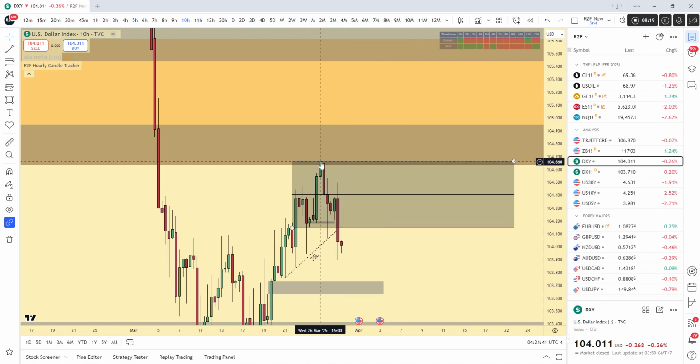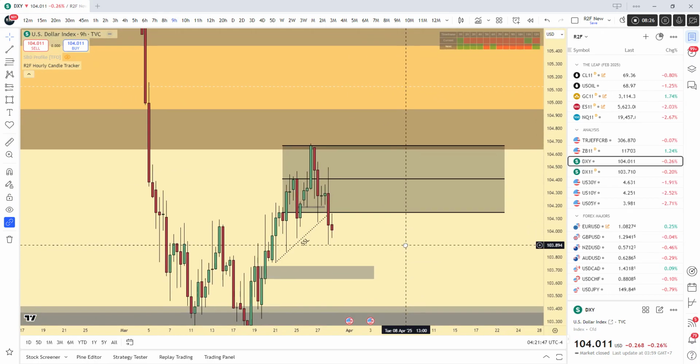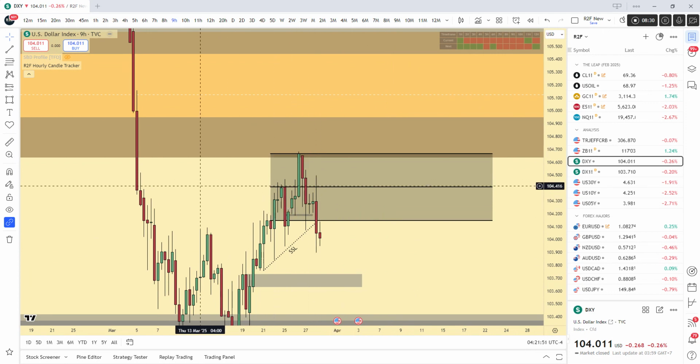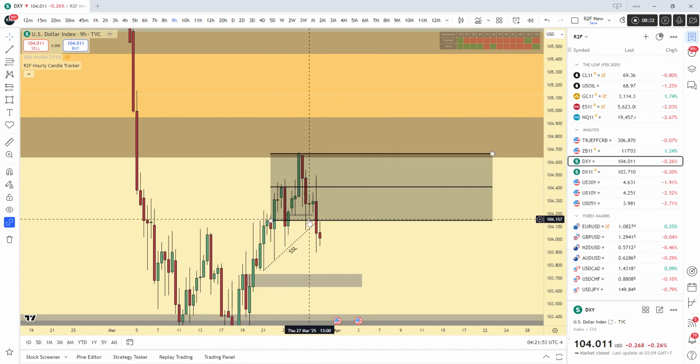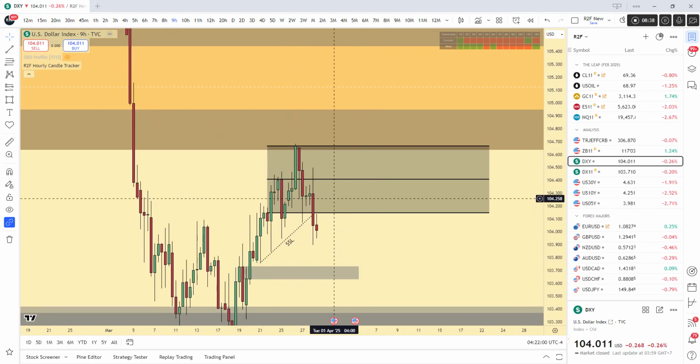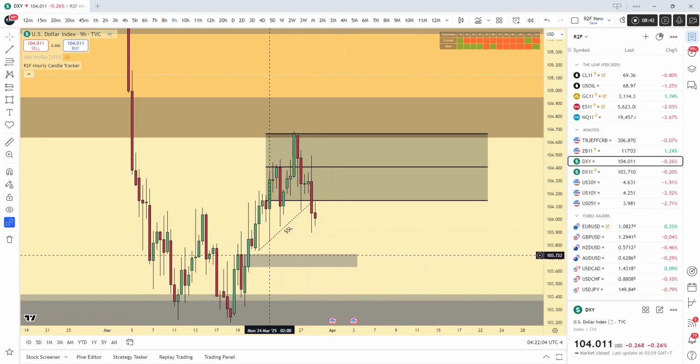This tap into this gap was rather shallow, so I don't trust market makers that much. It's quite a shallow touch. Could be fine, but yeah, I prefer something deeper into an area of liquidity or a higher time frame gap.